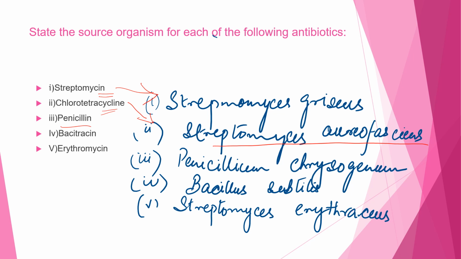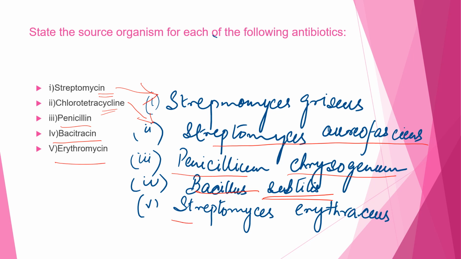Next one is penicillin. It is Penicillium chrysogenum. The next one is bacitracin. The source organism is Bacillus subtilis. The last one is erythromycin.